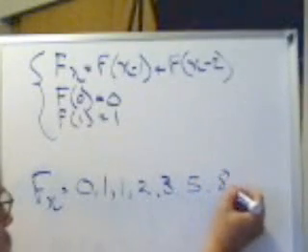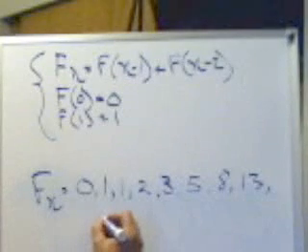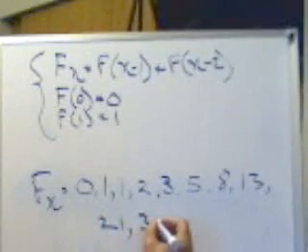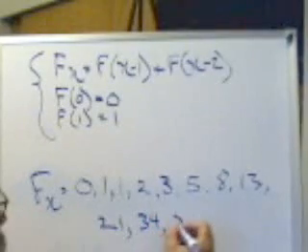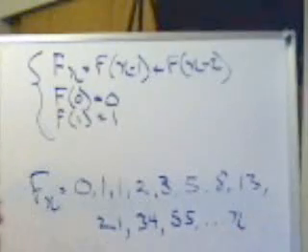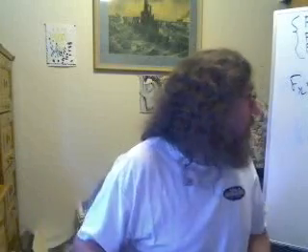This is 8. This is 13. And this is 21. 34. 55, and you get the picture. It just goes on and on and on. And so that's what the Fibonacci sequence is comprised of.